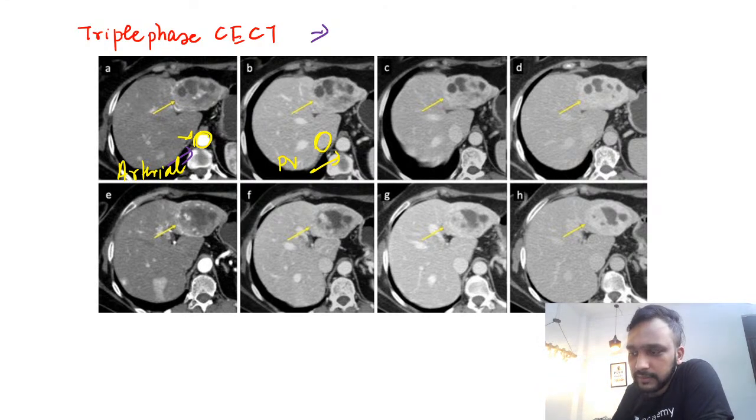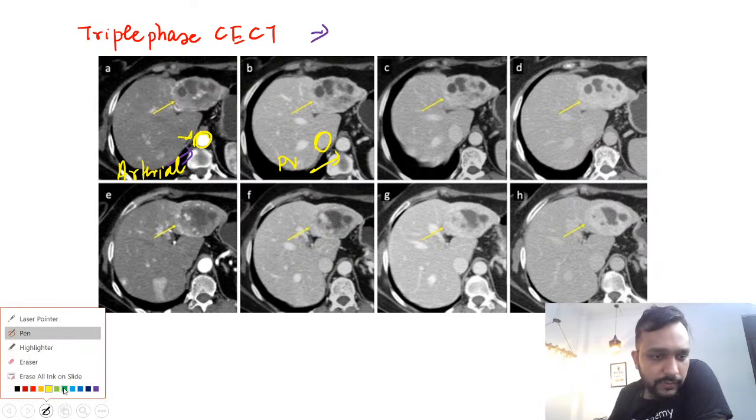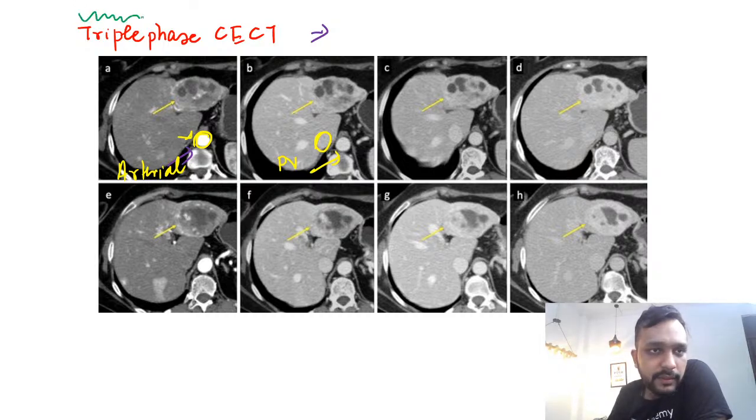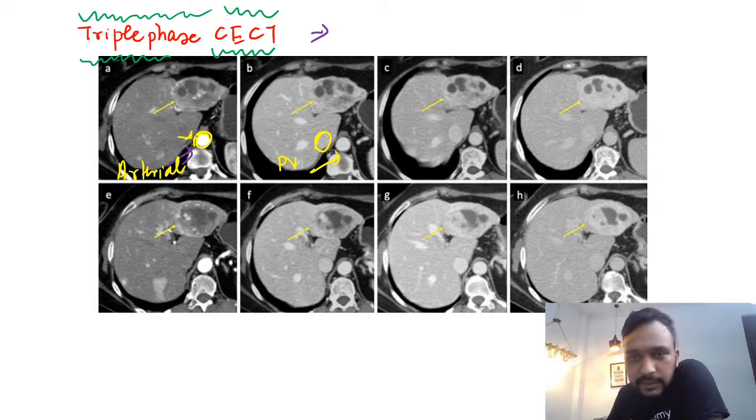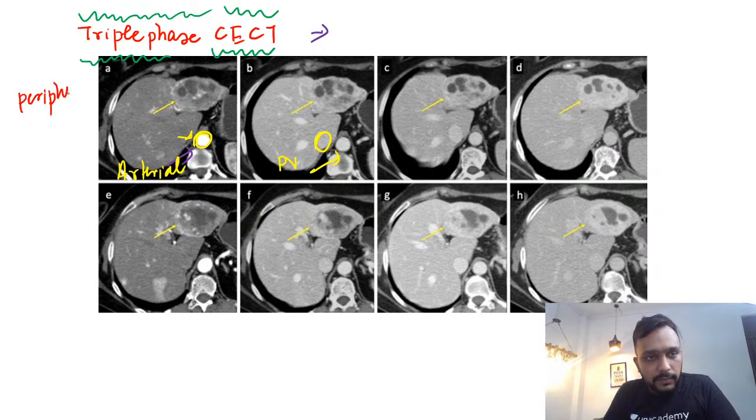This is a case of a triple phase CECT abdomen. What is being shown to you in this triple phase CECT abdomen? Anyone? So guys, we can see that on the arterial phase, this lesion is showing peripheral nodular enhancement.